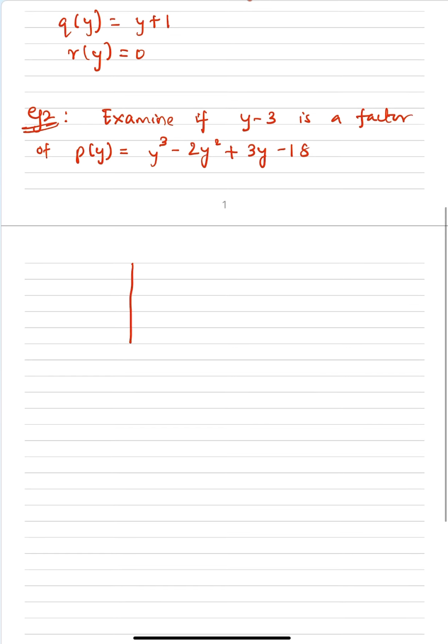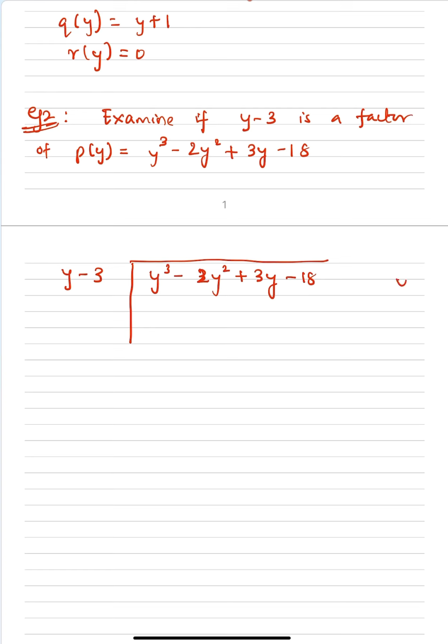Now let us try. That is y cube minus 2y square plus 3y minus 18. Let us divide it by y minus 3. The first step is the first term of the dividend divided by the first term of the divisor. So to get the quotient, we'll get y square.